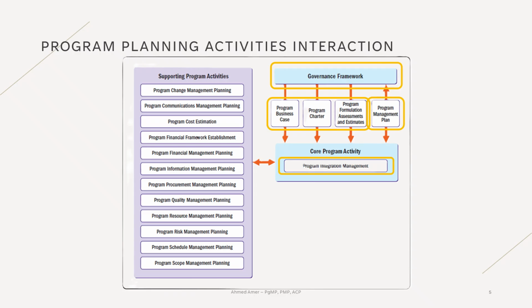As we define components, identify new dependencies, or adjust sequencing, integration management updates the overall coordination of the program. This ensures that all components work together as one unified effort, not as isolated projects.